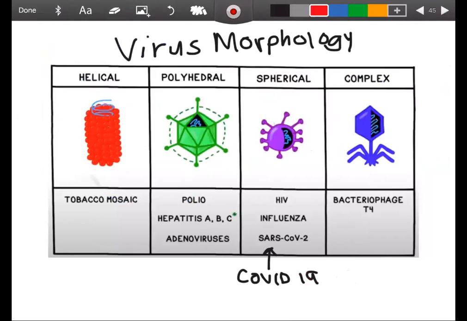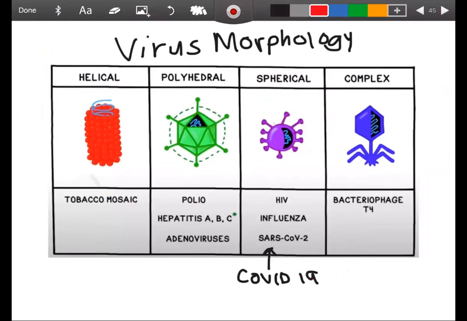So this is a chart with virus morphology. In the video that will be offered in the module, it is going to go into detail with all of these, but these are all of the different shapes. So we have helical, polyhedral, spherical, complex, which is also a bacteriophage. And also listed in this chart are the different types of viruses that take on these specific shapes.